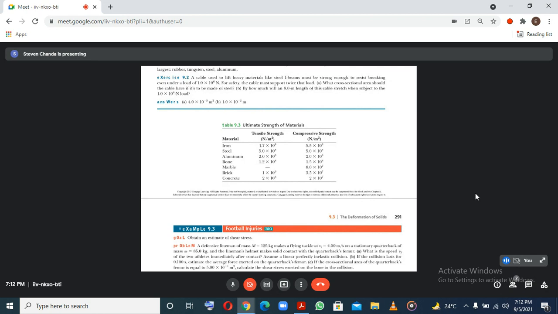So the quarterback is there, then the defensive lineman tries to ensure that he defends. So he goes with a flying tackle, moving at an initial velocity of 4 meters per second, and hits the stationary quarterback of mass 85 kg, and the lineman's helmet makes solid contact with the quarterback's femur.